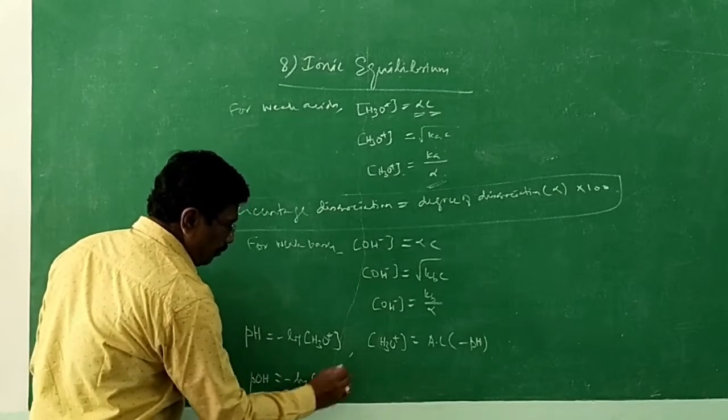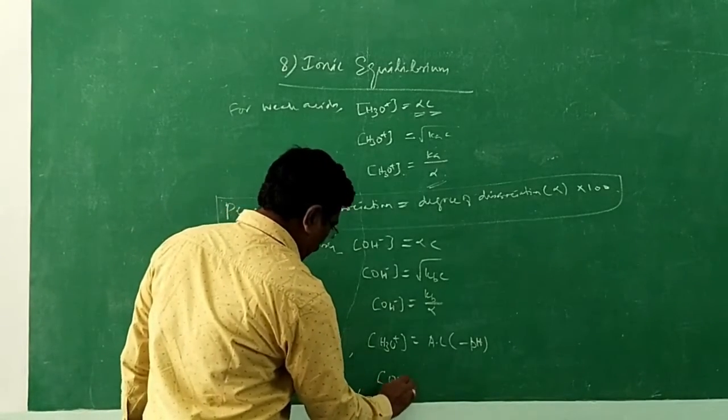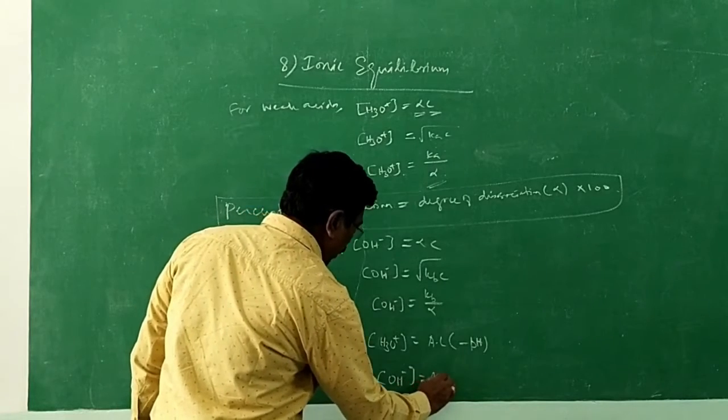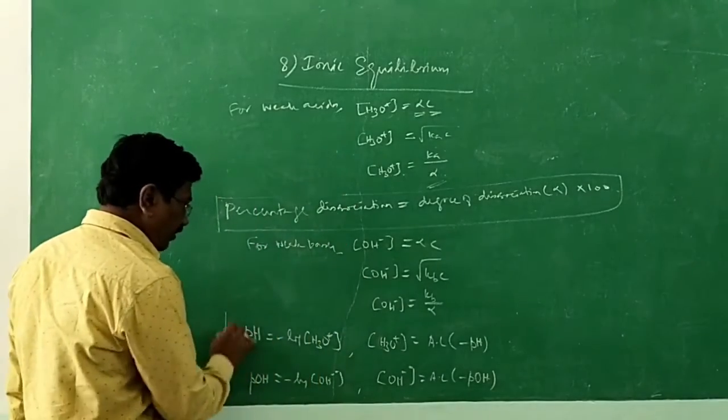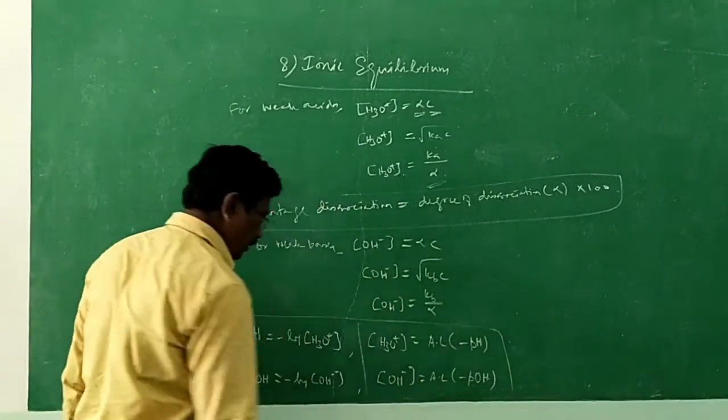Don't forget base 10. Hydroxide ion concentration is equal to antilog of minus pOH. Of course, all these things I have given already earlier.